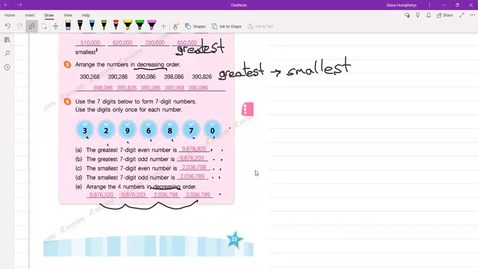Remember, for odd and even numbers, we're looking at the last digit. Let's have even numbers.